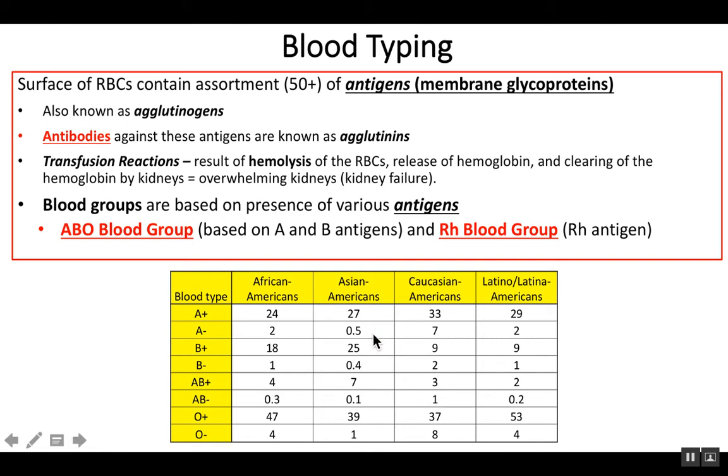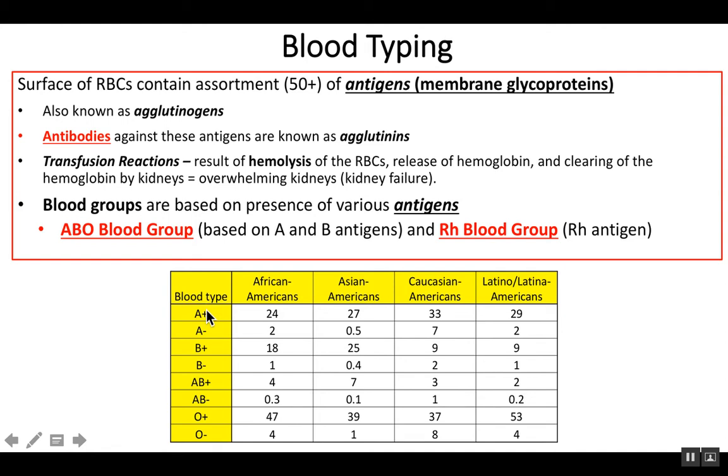Looking at the chart, we'll see that some blood types are very common in certain populations. Other blood types are very rare. Notice the two most common blood types in most populations are O positive and A positive.